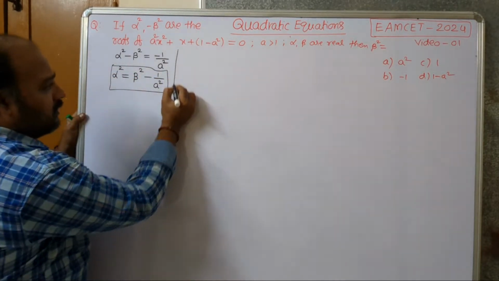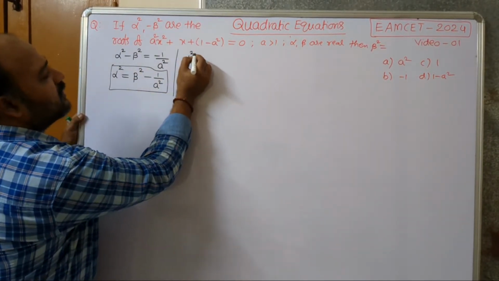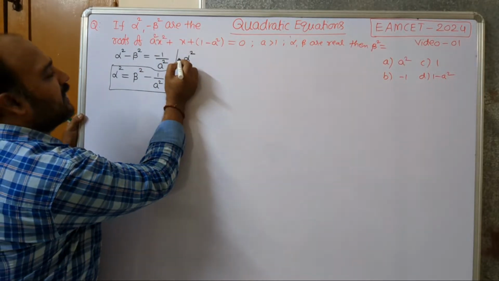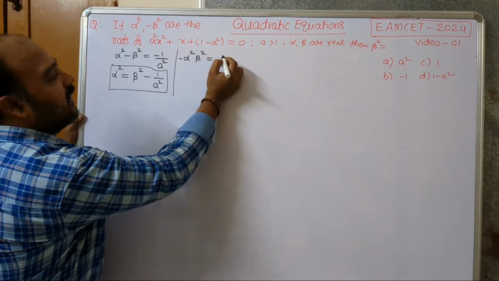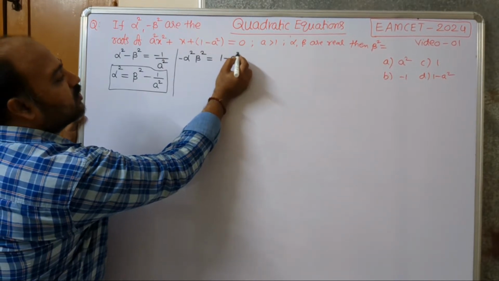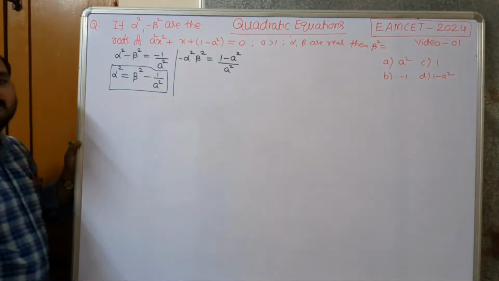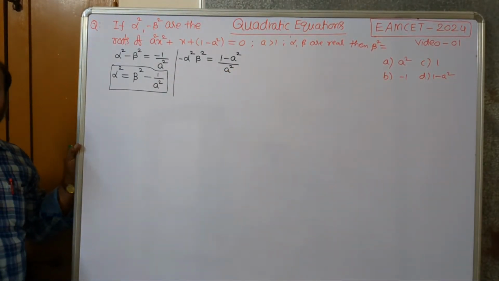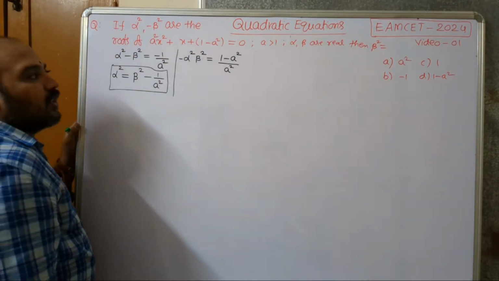This is about the sum of the roots. Product of the roots: alpha square into minus beta square, and bringing the minus here, beta square is equal to c by a, which is 1 minus a square by a square. Alpha into beta, product of the roots, c by a, c value and a value is a square.